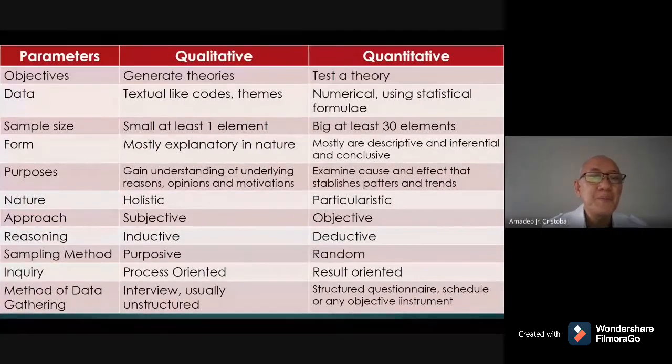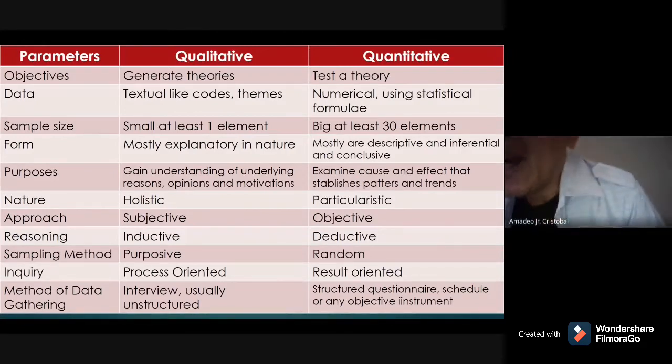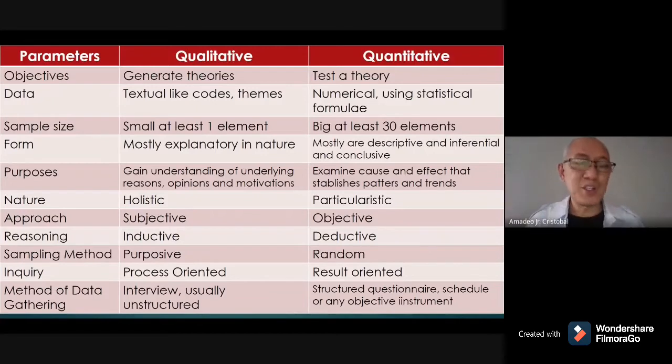What's the form? The form of qualitative is mostly explanatory in nature. Meaning you have to explain why you arrived at a code. You have to explain why you came up with a certain theme. Mostly explanation in nature. Also, before you explain, of course, you will do some analysis because you cannot explain without analyzing, even though they are mostly text.